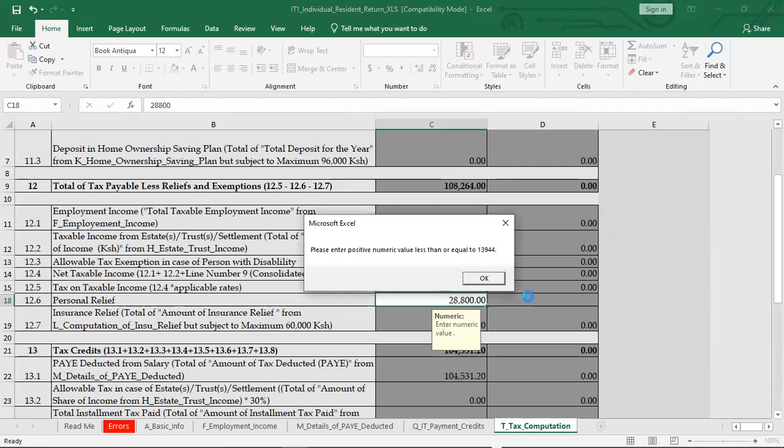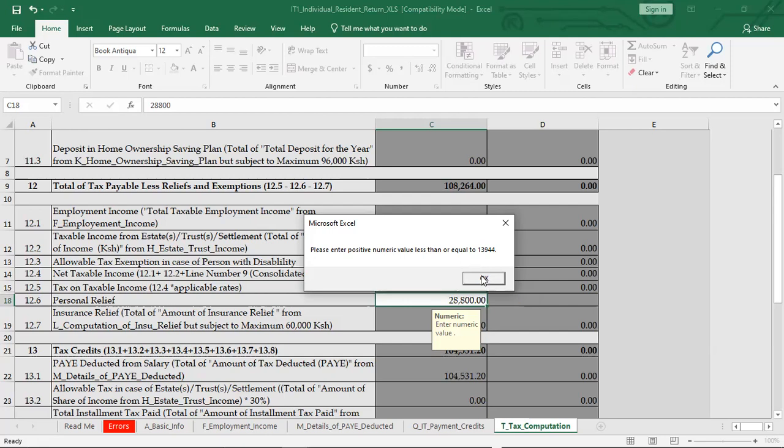Sorry, it is saying personal relief, enter positive. The reason why it is telling us this is that this Excel sheet was for last year. Tuko pamoja hapo? So haiwezi chukua 28,800.